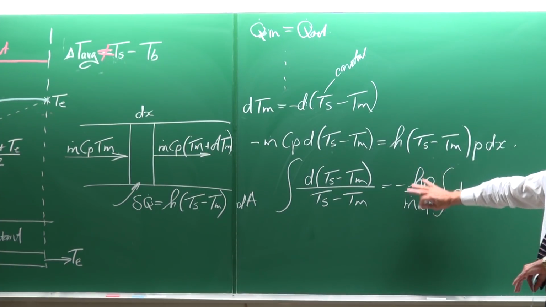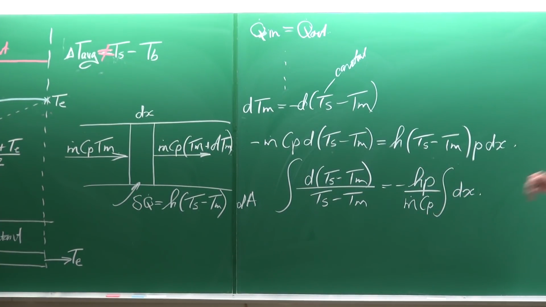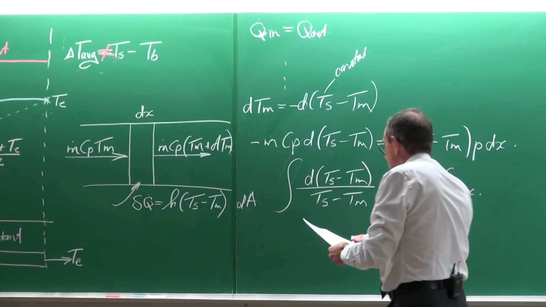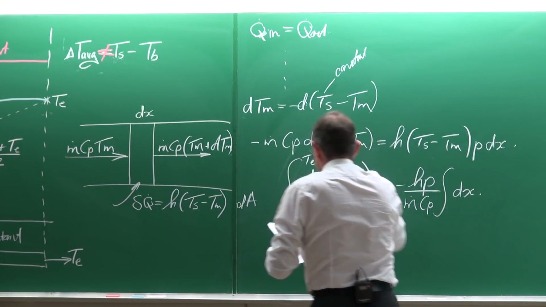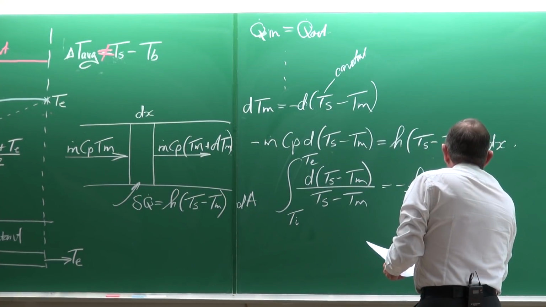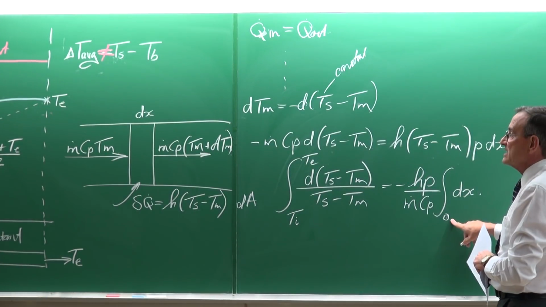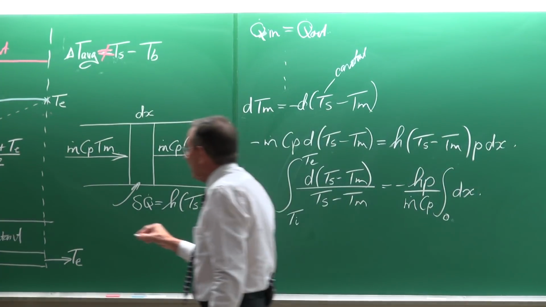So we've assumed that all this is constant, heat transfer coefficient also, and we look at it from the inlet temperature to the outlet temperature, from x equals 0 to x equal L.